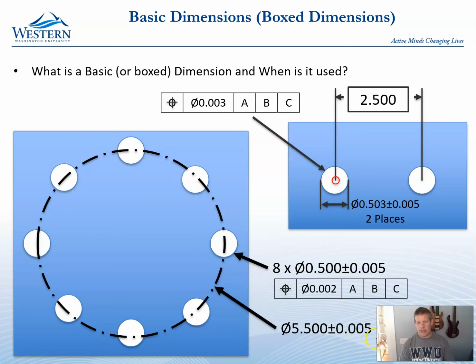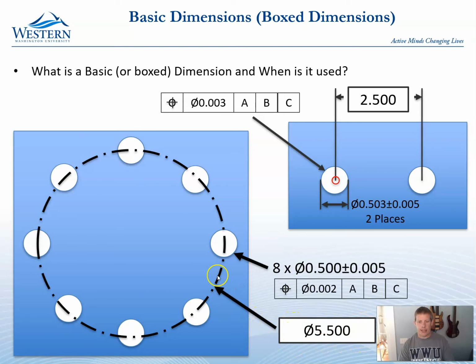Is it the diameter of the bolt hole circle, or is it the true position callout? What you need to do in this case is give the diameter of this circle as 5.5 inches in a boxed basic dimension, a dimension that has a box around it.